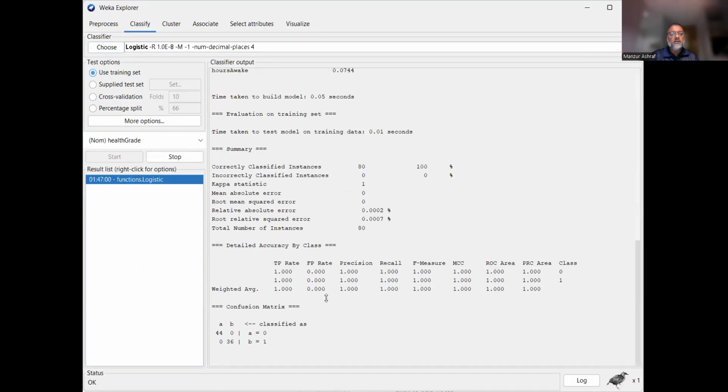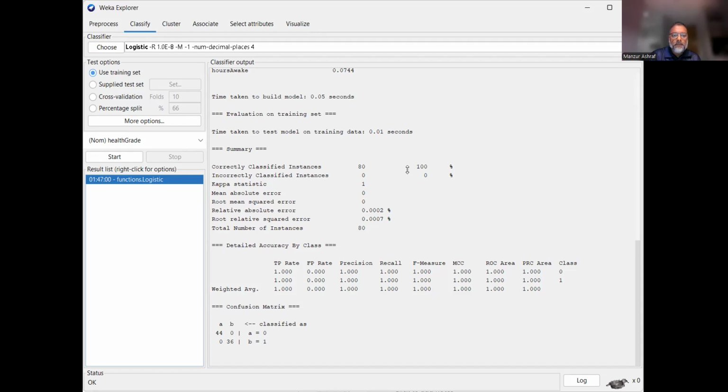If I click it, I can get a classification result in which we can see that 100% of the data is accurate, right? We can see that is the 100% accurate data, right?